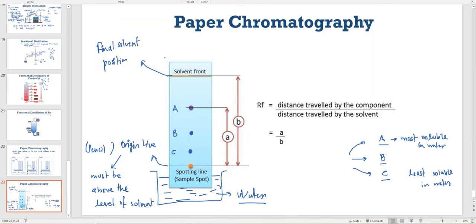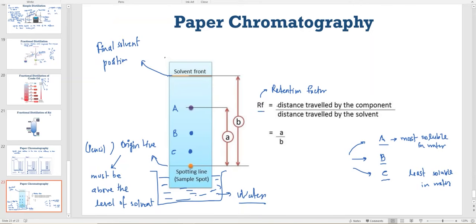Okay, now you need to also understand what is an RF value. RF value is also known as retention factor. RF value is actually an indicator of how soluble a dye is inside a solvent, or it actually tells you how much distance a dye is going to travel.